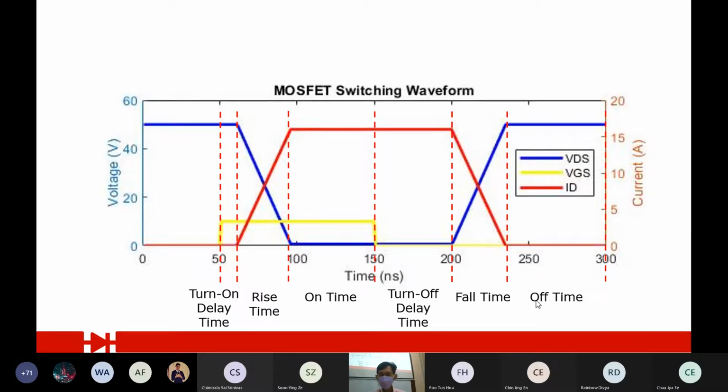Of course, the off time and on time will not be given in the data sheet because they depend on your duty cycle switching. But the turn on delay time, rise time, turn off delay time, and fall time are fixed. Like I said, they are stated in the data sheet.